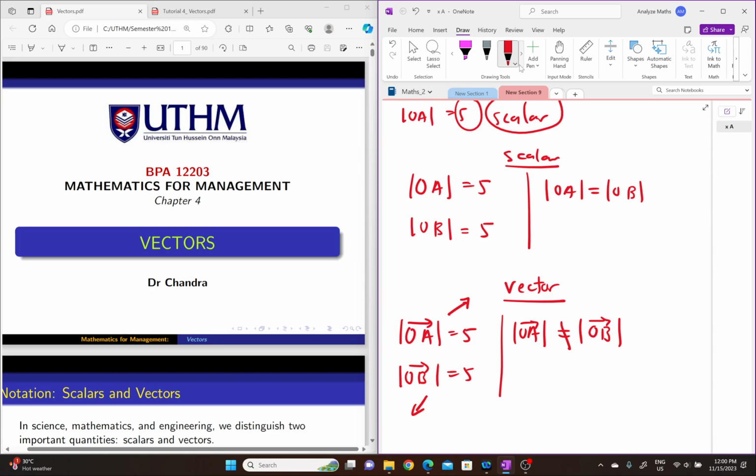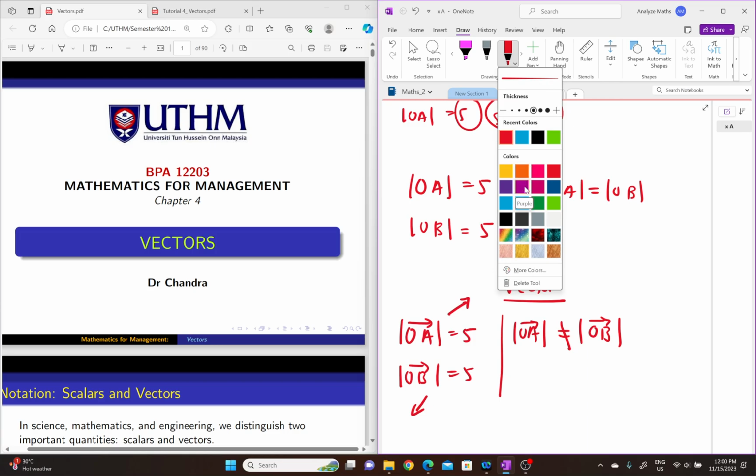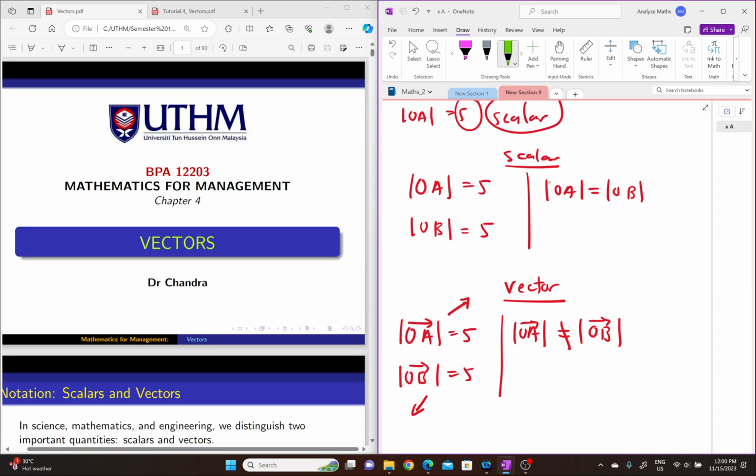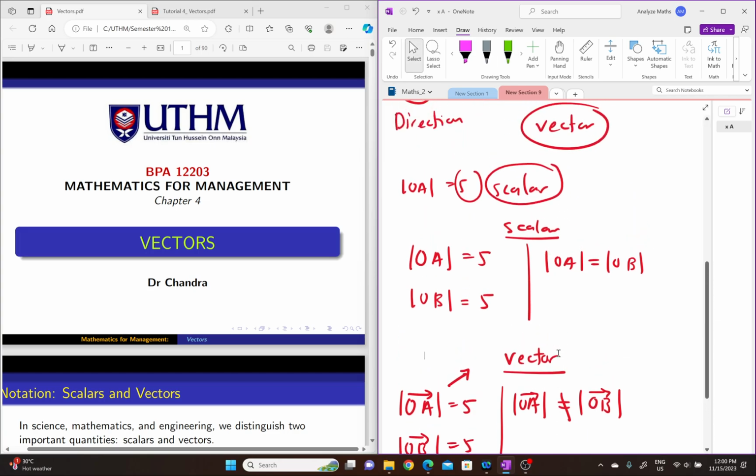Now if you ask me for real life examples of vector to differentiate, I can give you two. One is distance. Scalar can be distance. Distance means you go this way 5, you go this way 5. Let's say your home is here, your shop is here, and a mall is here.